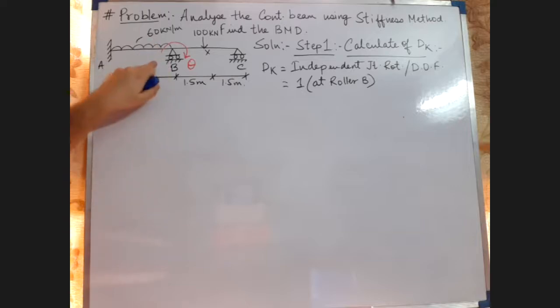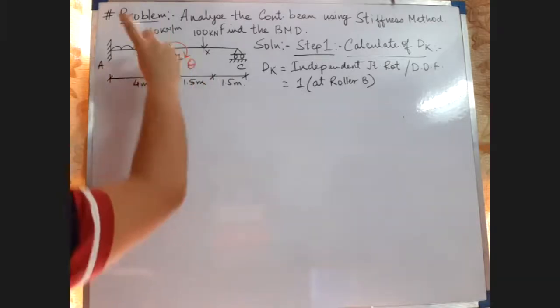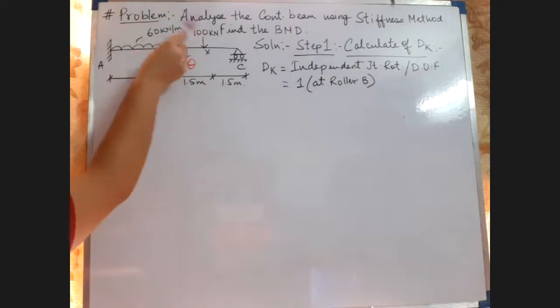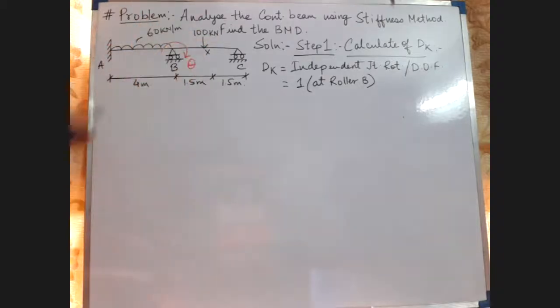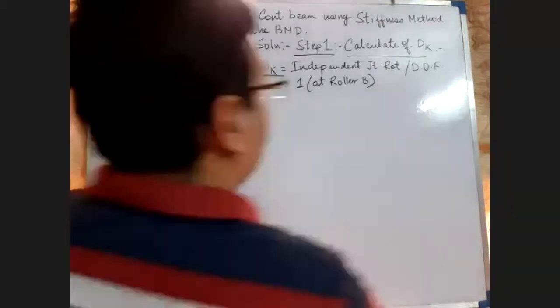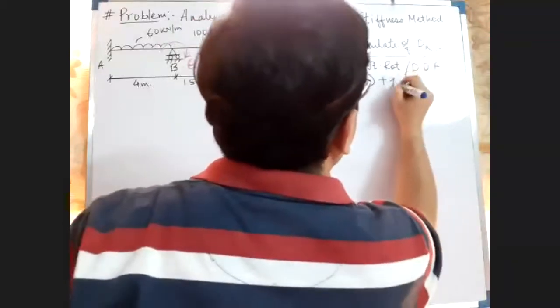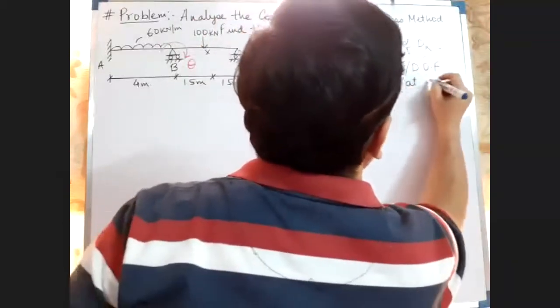That means it can move laterally and it can also undergo joint rotation like this. So we can have degrees of freedom 1 at roller support B, and another 1 plus 1 at roller support C.